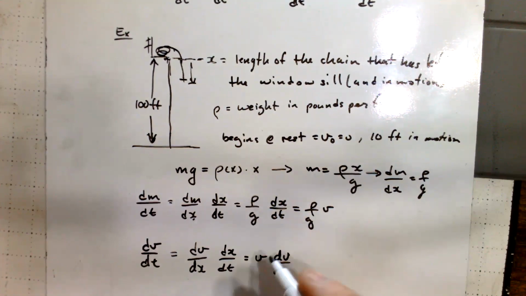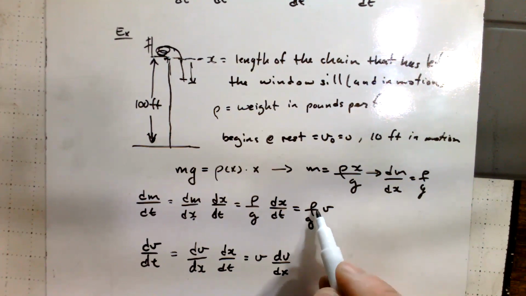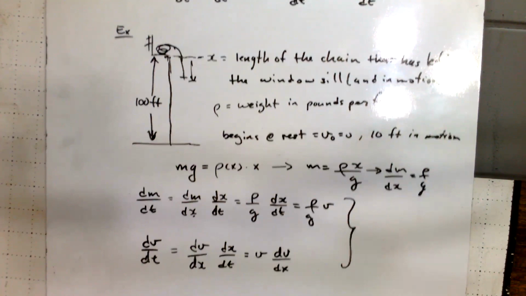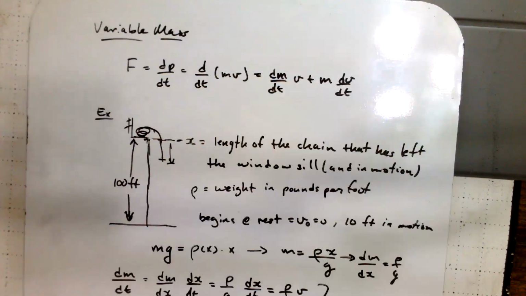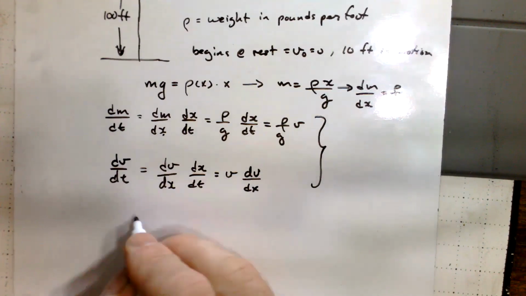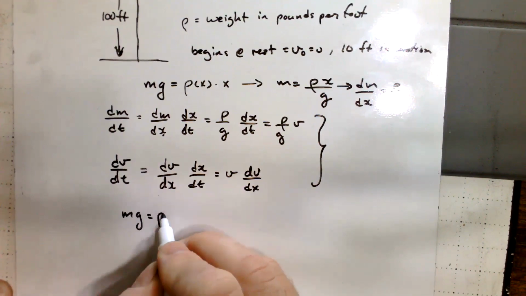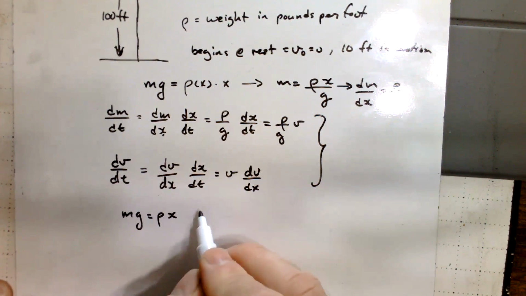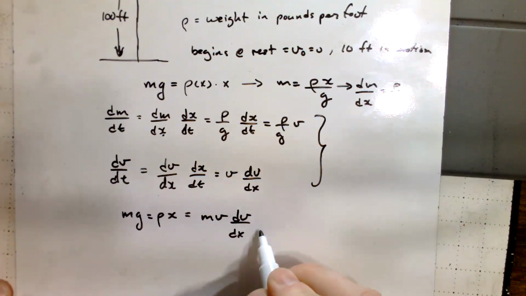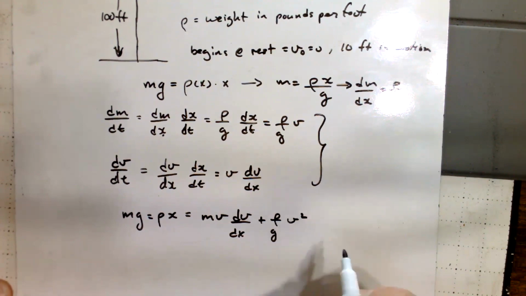So now we have dv dt in terms of v and dv dx, and we have dm dt in terms of v. With this combination, we can go to our force equation and make some magic happen. So we know that mg equals rho x, which is equal to m v dv dx plus rho over g times v squared.